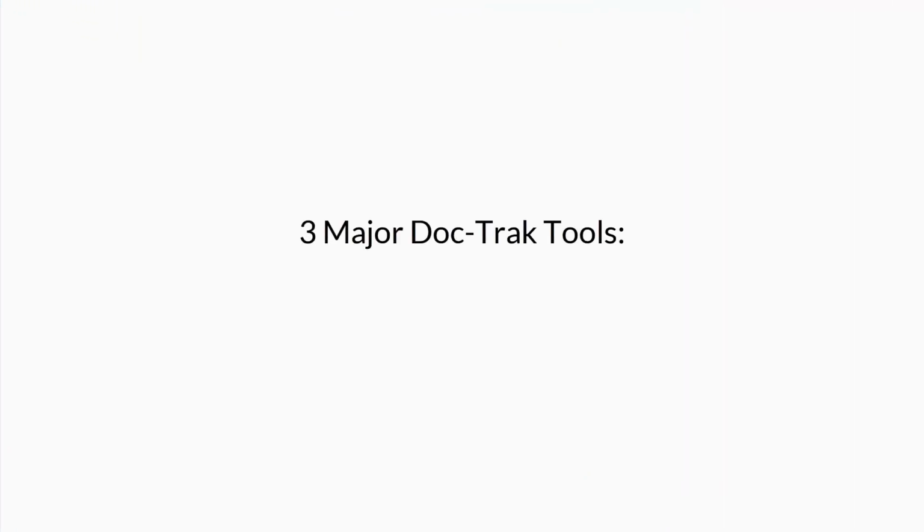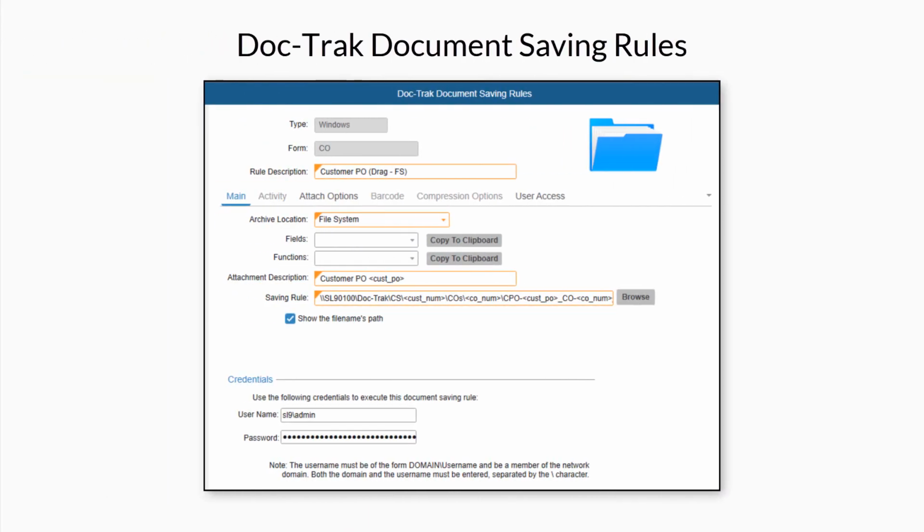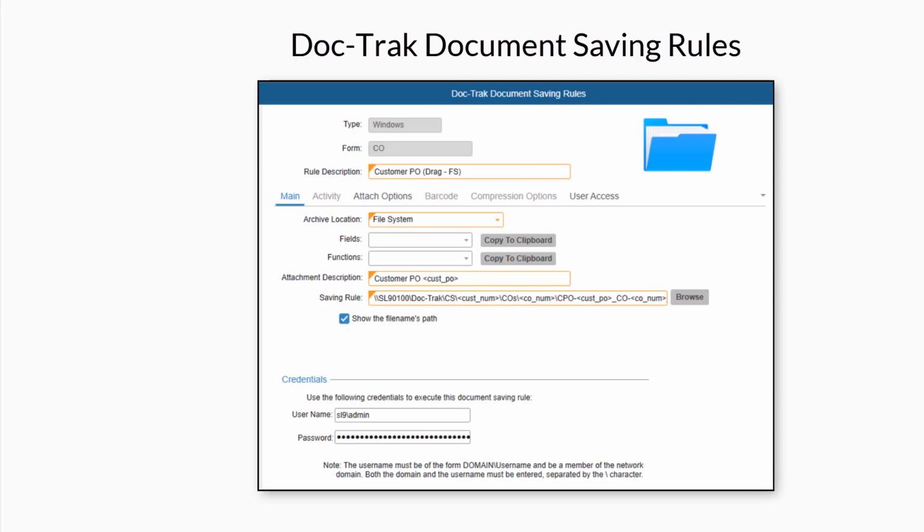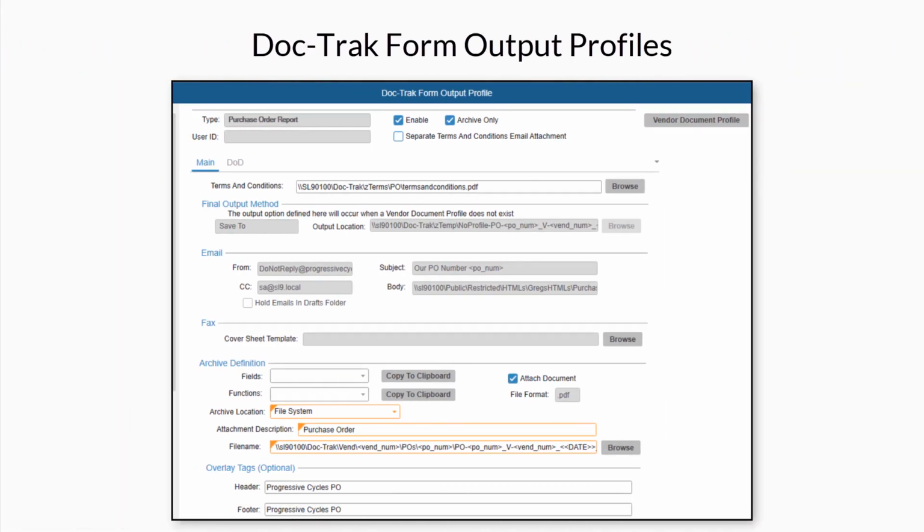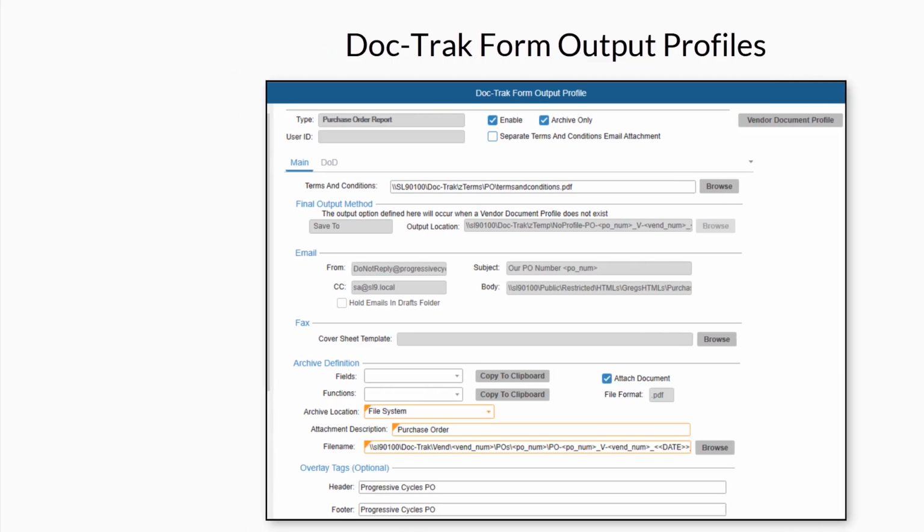There are three major tools provided by DocTrack that help you create this archive. DocTrack Document Saving Rules for archiving electronic files or paper documents. DocTrack Form Output Profiles for popular reports generated through Sightline, such as purchase orders, invoices, and packing slips.